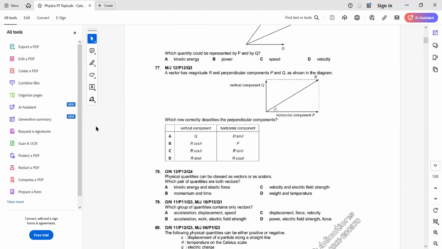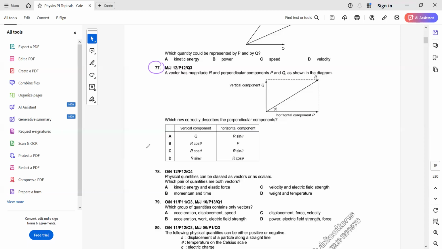Let's try 77. So is it D? Yeah, D is correct. That's nice.